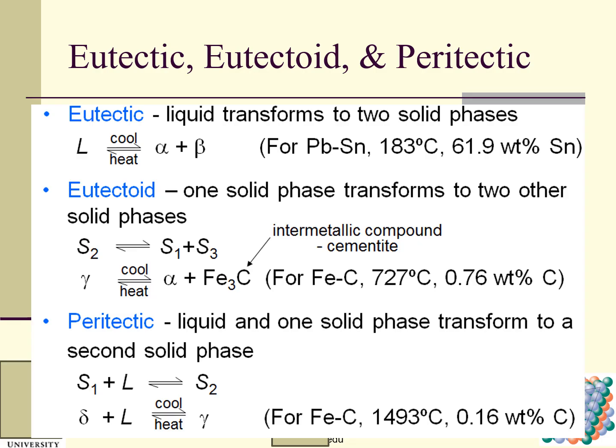At the peritectic point, which corresponds to 1493 degrees C and 0.16 weight percent of carbon, we have delta plus L, and we can have gamma, one solid phase. So these are three very, very important concepts I want you to keep in mind and memorize.